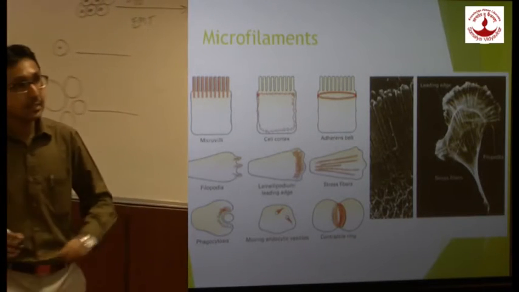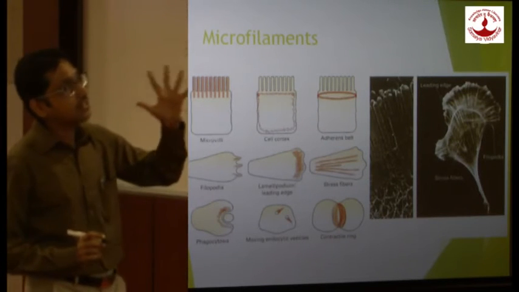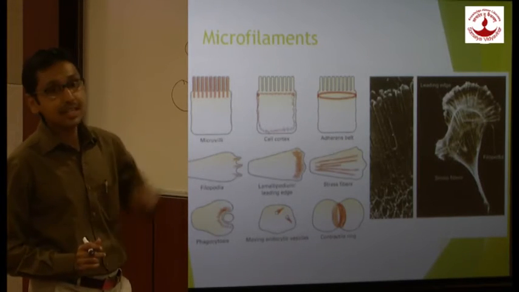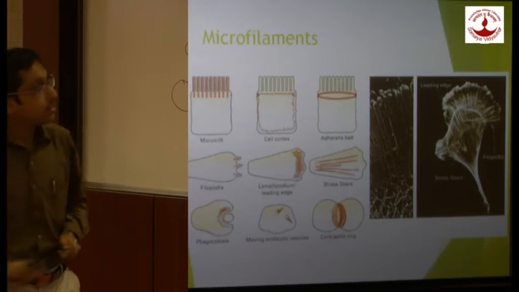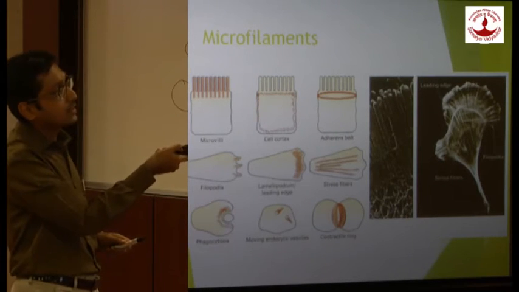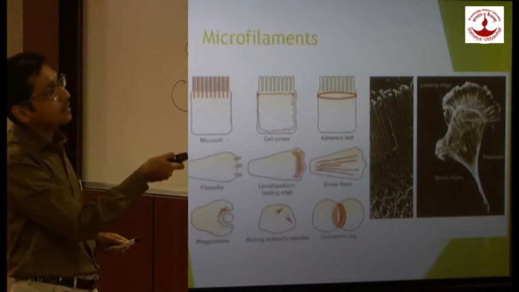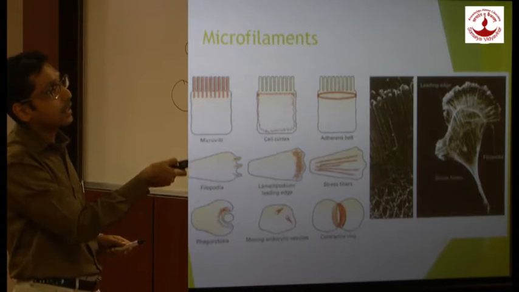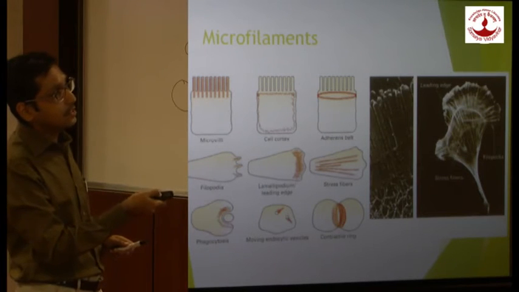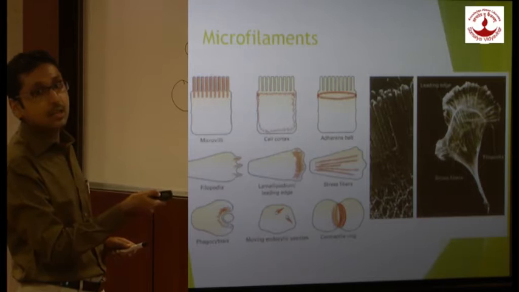The microfilament has been seen to assemble different structures, in other words, you can say this is the localization of the actin system. The first case we have already seen, the microvilli, where you see a parallel bundle of actin filaments running. The second structure is in the cell cortex.